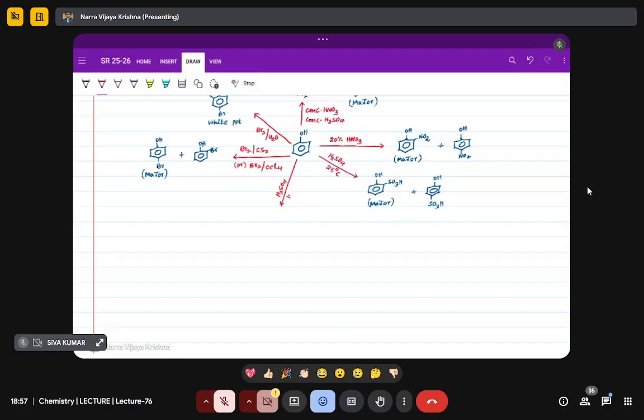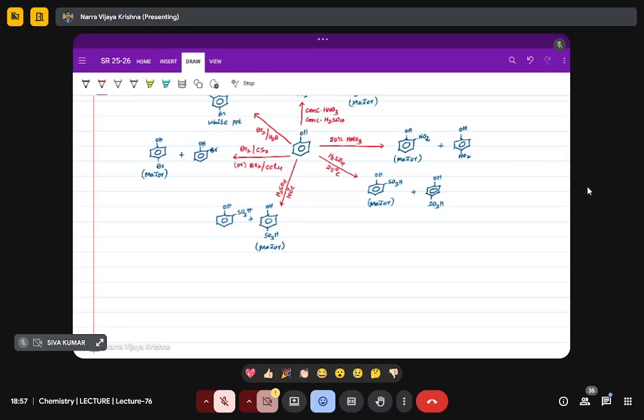H2SO4 at 100 degrees centigrade. Here also I will get two products: OH with SO3H at para, and OH with SO3H at ortho. Para becomes major, meaning on heating, ortho also rearranges to para. That's why para becomes major at higher temperatures.